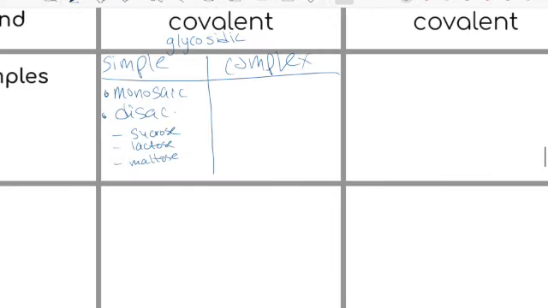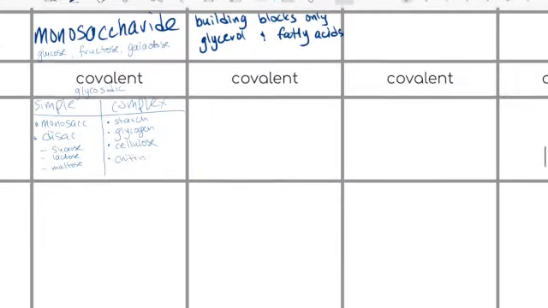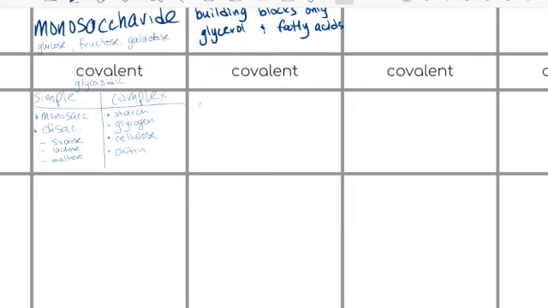And the complex sugars, remember we talked about starch, glycogen, cellulose, and chitin. These are polysaccharides. With the lipids, we talked about phospholipids, triglycerides, and hormones.